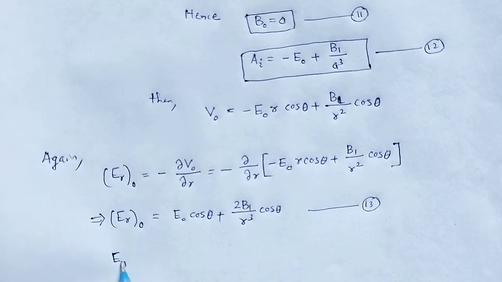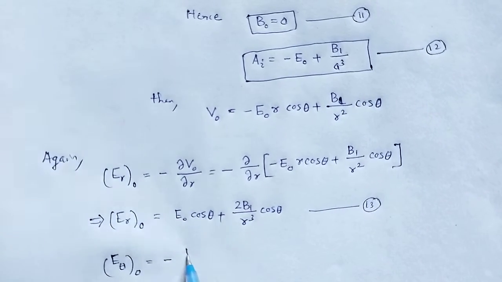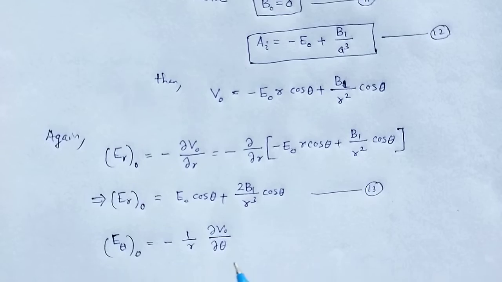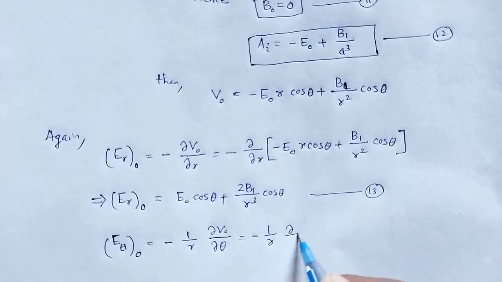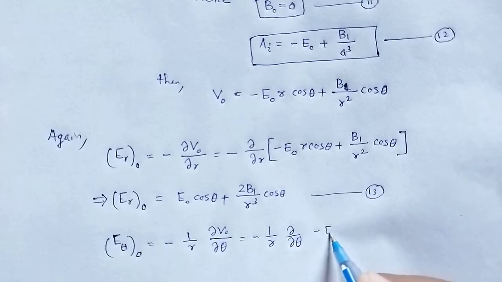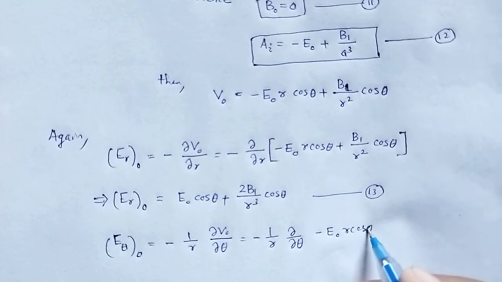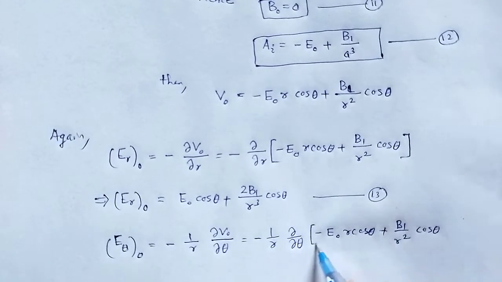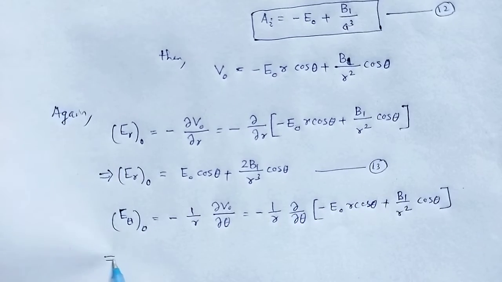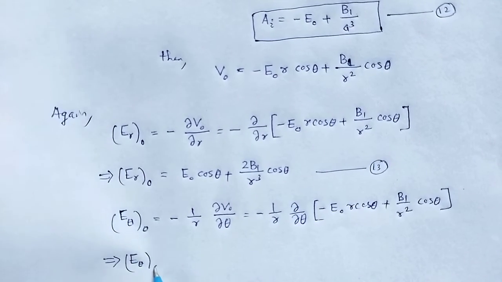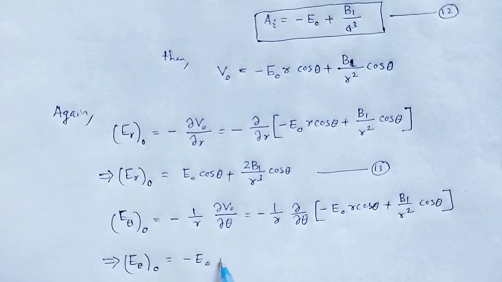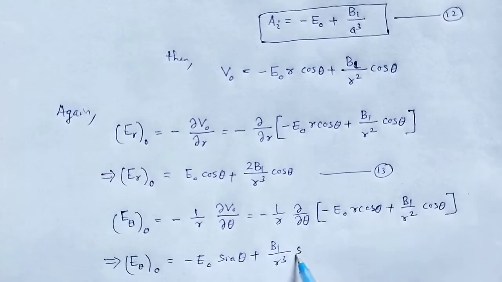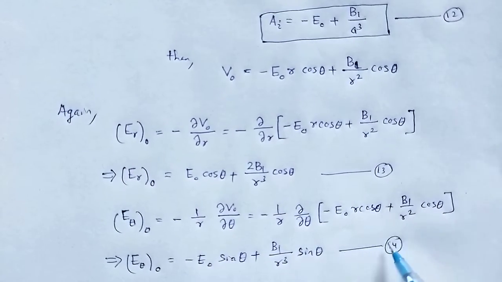Again, for the transverse component outside, minus 1 by R del V outside with respect to del theta, minus 1 by R del theta of minus E naught R cos theta plus B1 by R square cos theta. That means E theta outside is equal to minus E naught sin theta plus B1 by R cube sin theta. Equation number 14.